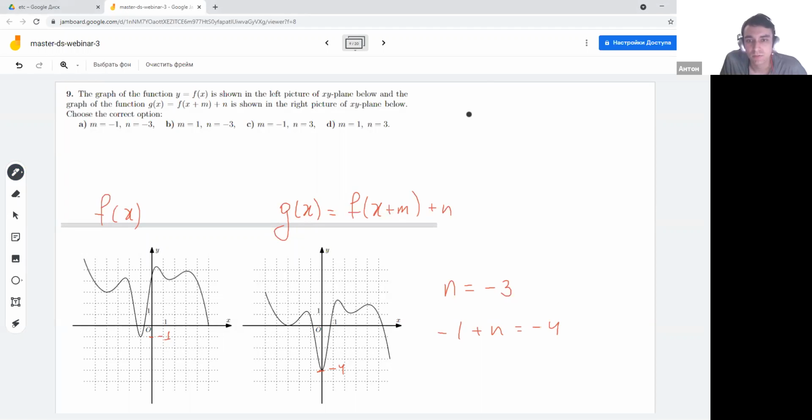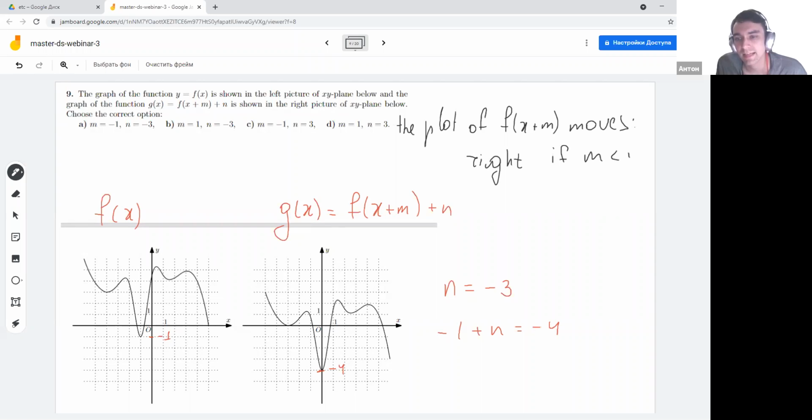Let me write it: the plot of f of x plus m moves right if m is less than 0, if m is negative, and left if m is positive.